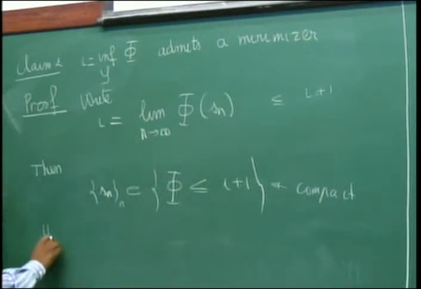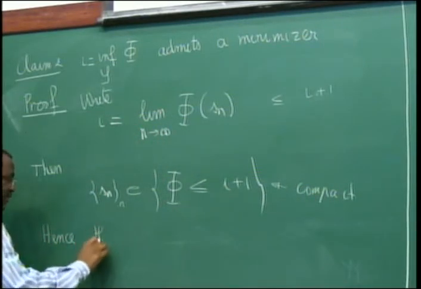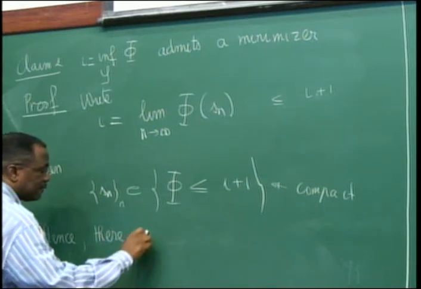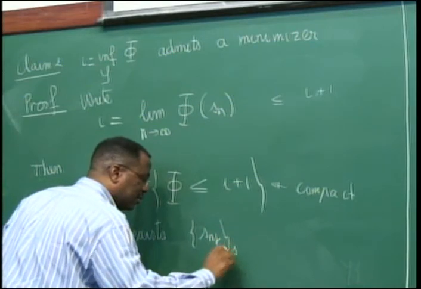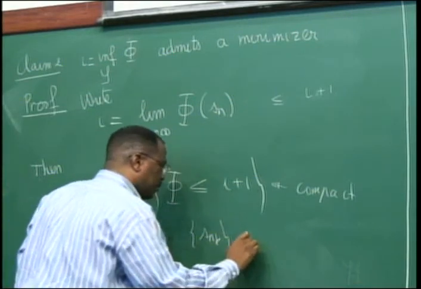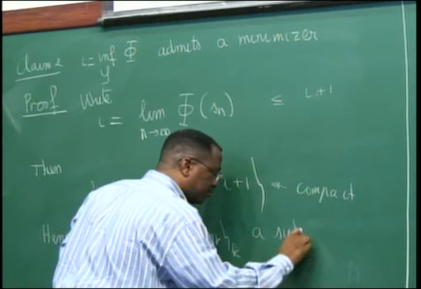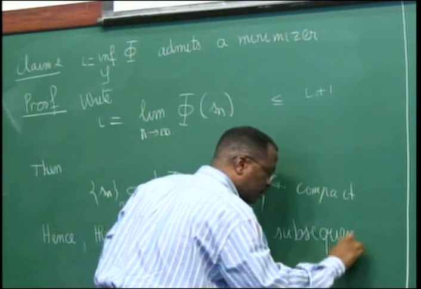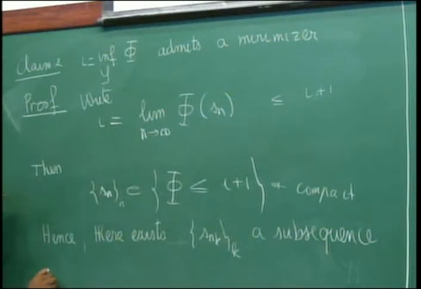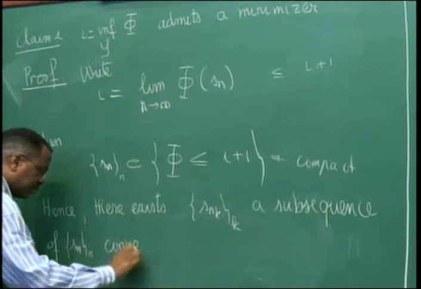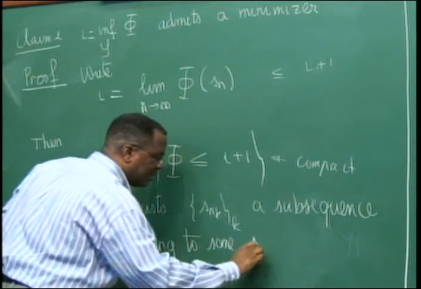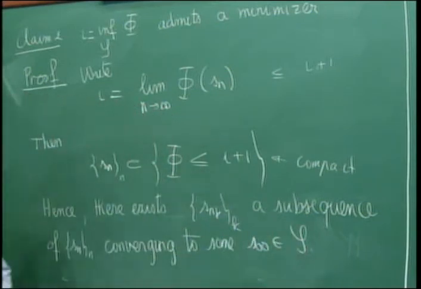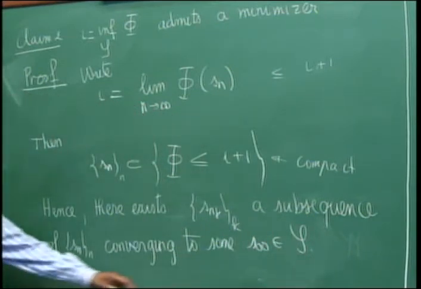Hence, there exists Snk, a subsequence of Sn, converging to some S infinity in S. And so I am done.